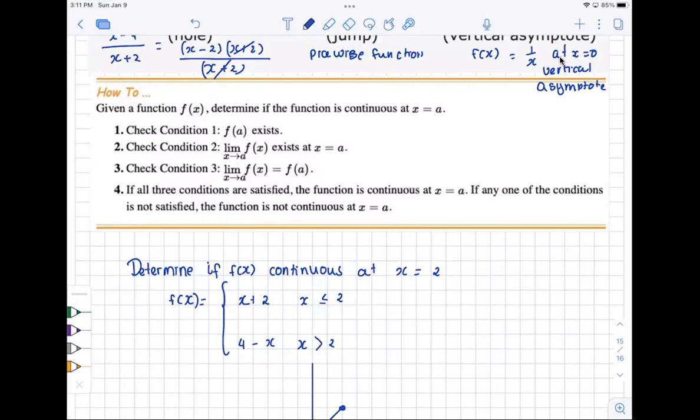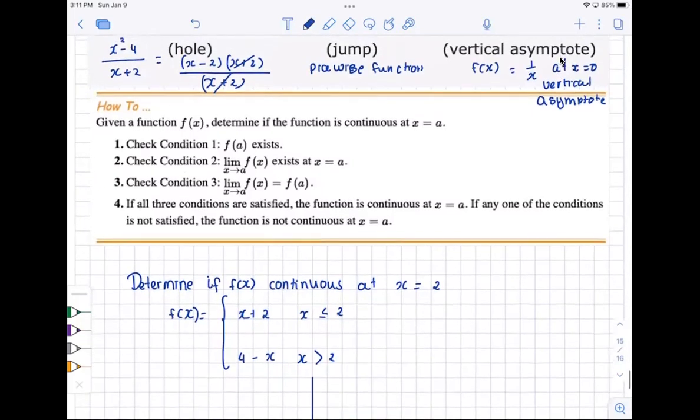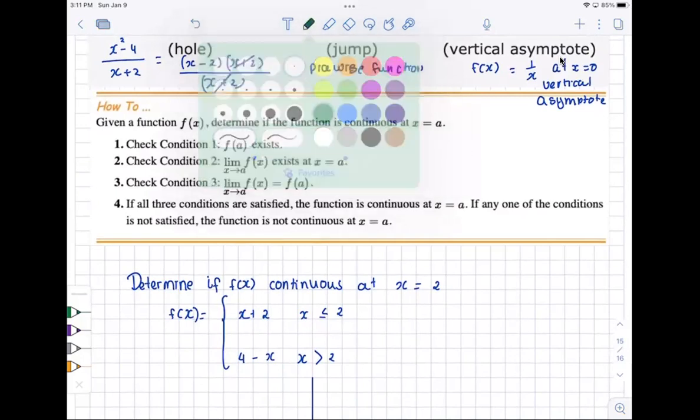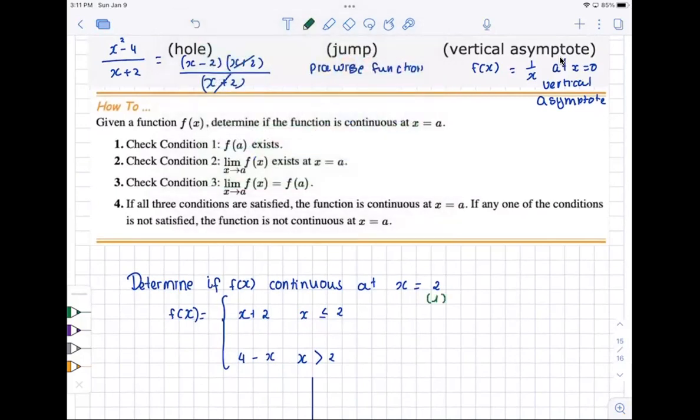How do we determine this? Let's first check the first condition: f of 2 exists.